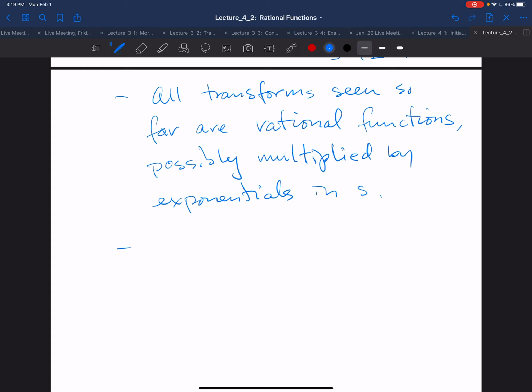Now, when we have such a rational function, we're often interested in the roots of the numerator and denominator polynomials.